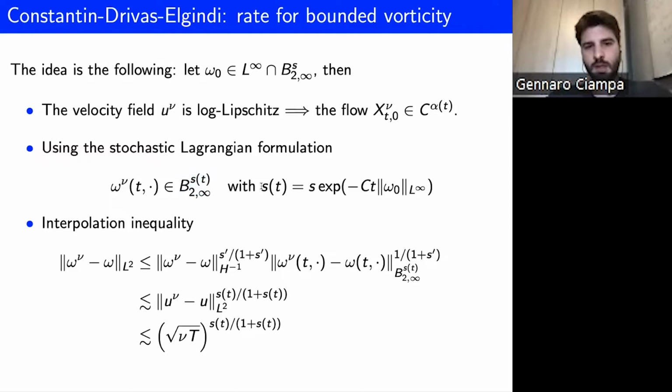So the exponent gives the decay as the time goes to infinity. And by a simple interpolation inequality, they then obtain this rate.